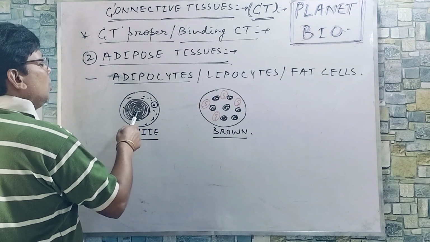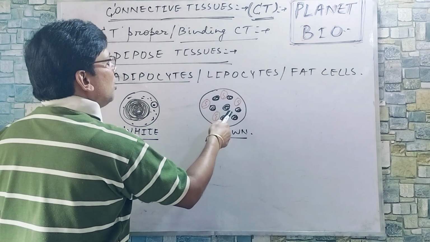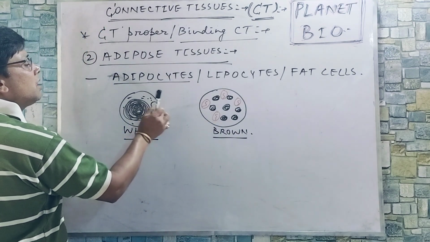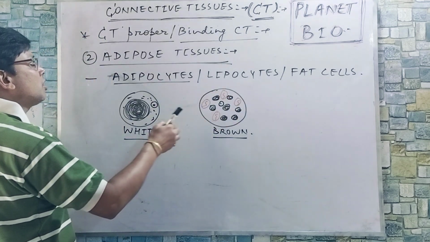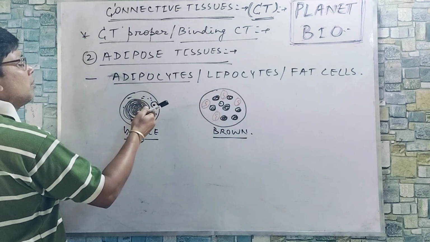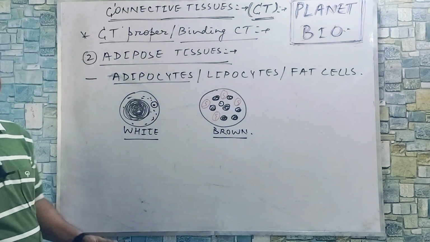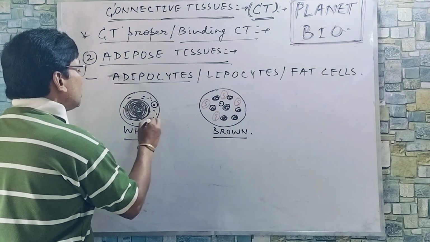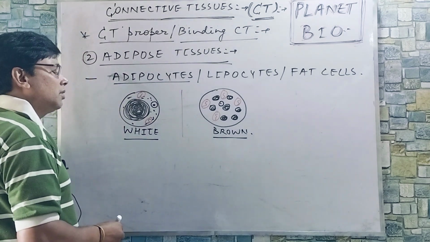White has a larger fat globule, here many smaller fat globules. Here the nucleus is eccentric. Here you can find the nucleus at the center. Cytoplasm is distributed, and the nucleus and cytoplasm are quite away from the center. Here a smaller number of mitochondria, here a greater number of mitochondria. So this is the difference.